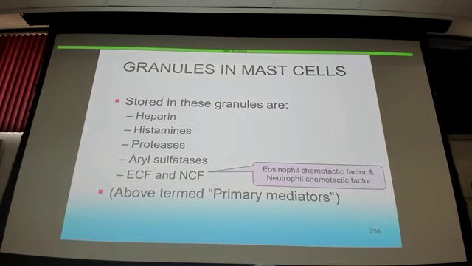Here's the point for me: I want you to understand that mast cells store primary mediators. I don't even care if you learn the list of what they're actually storing. I want you to understand that mast cells store primary mediators, so they're ready to be used if an inflammatory response happens. And then I'll let Micro spell out the details for you.